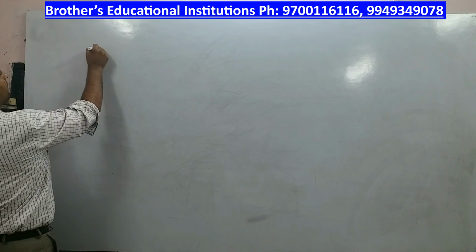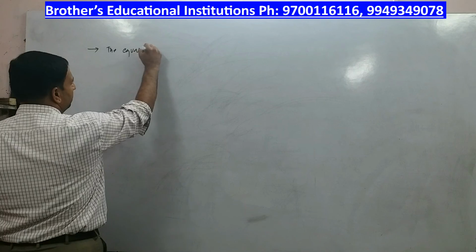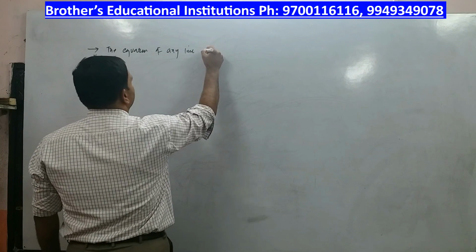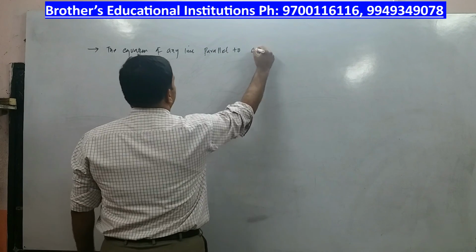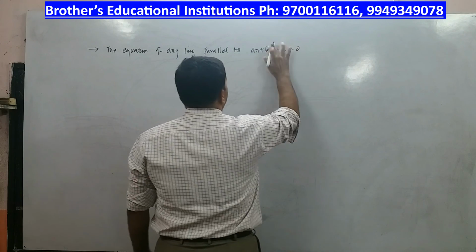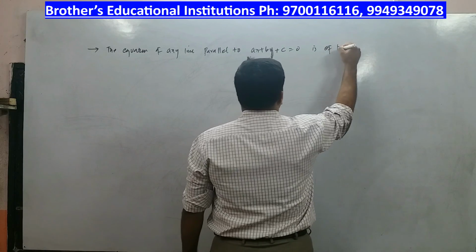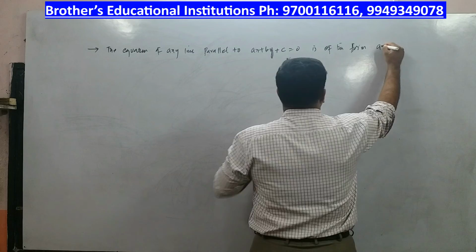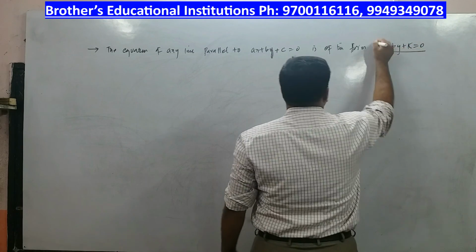See, if I ask you the equation of any line parallel to ax plus by plus c is equal to 0, it is of the form ax plus by plus k is equal to 0.